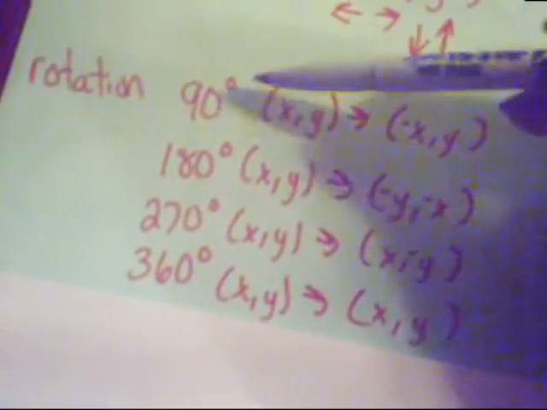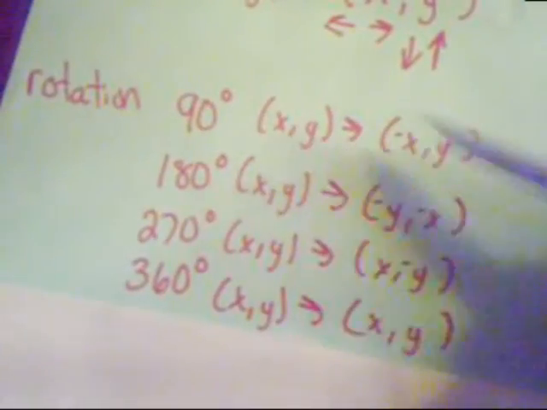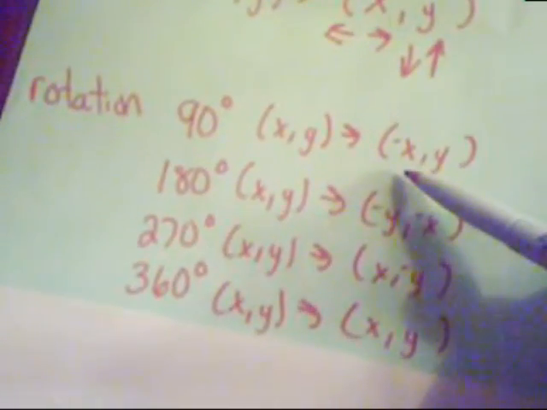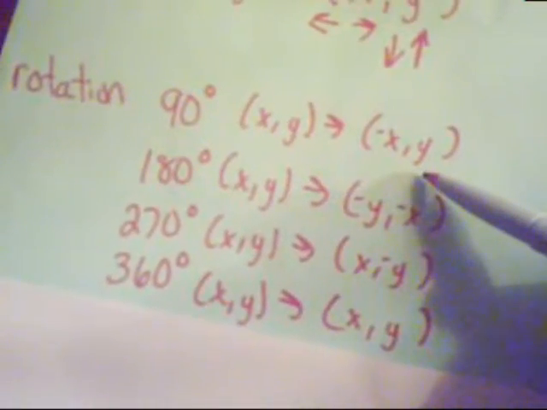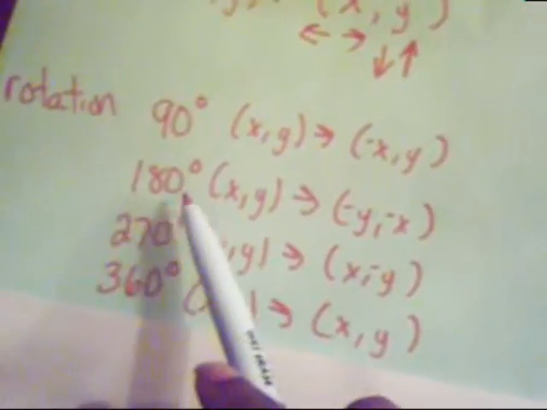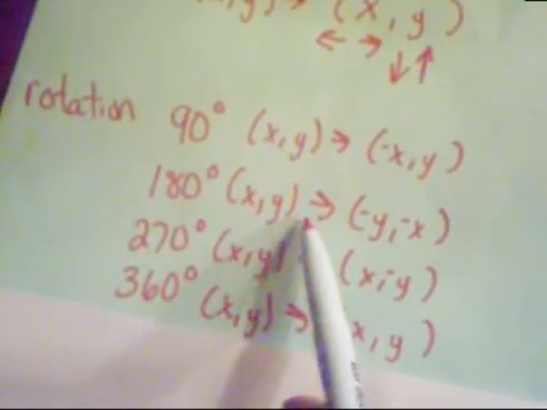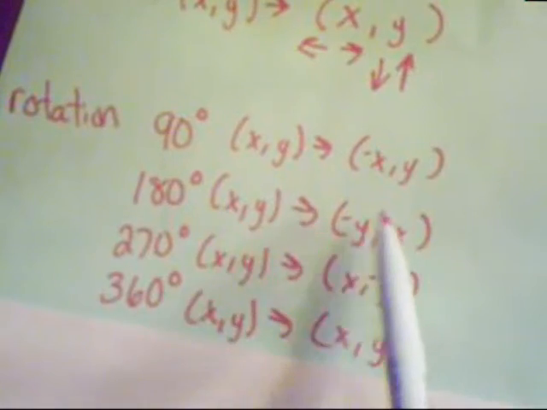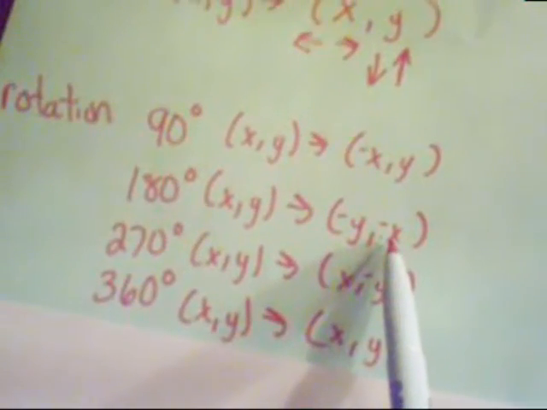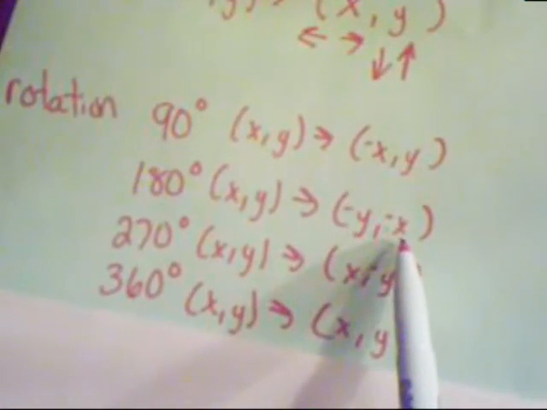So a 90-degree rotation, its rule is XY goes to the opposite of X and Y stays the same. Okay? A 180-degree rotation would be XY goes to the opposite of Y, the opposite of X, and that's where your new coordinates would be.